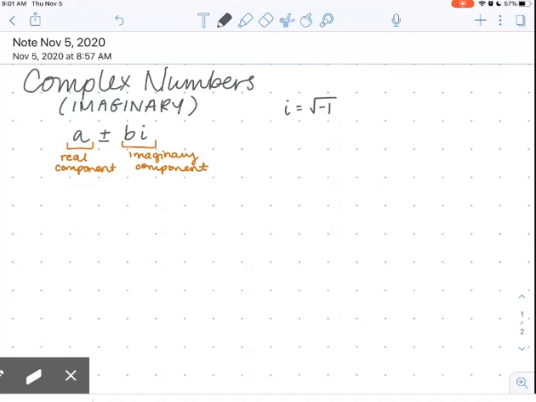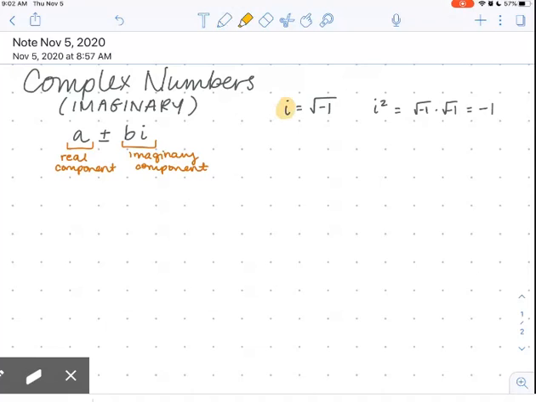And so we can then follow that i squared would be the square root of -1 times the square root of -1, which would be what? It would be -1, right? If I take the square root of -1 times the square root of -1, that radical essentially lifts and I get -1.